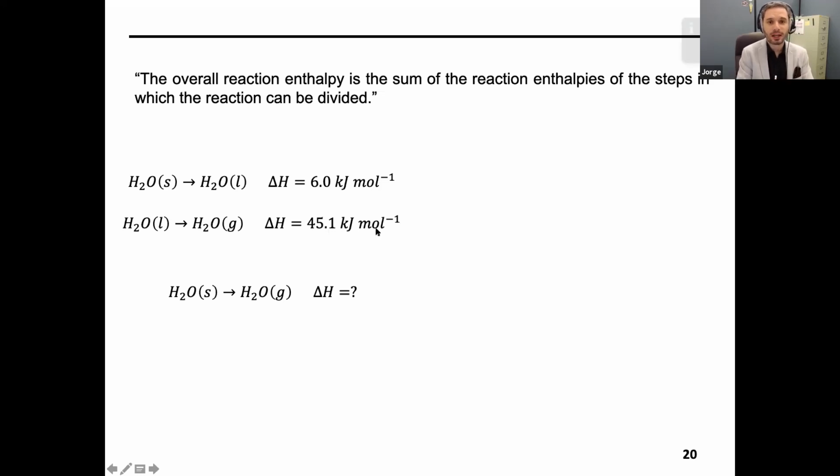So the first thing I want to do here is to draw the energy diagram for each of those transformations, okay? So let's put in a single energy diagram the two steps. So let me switch screens.